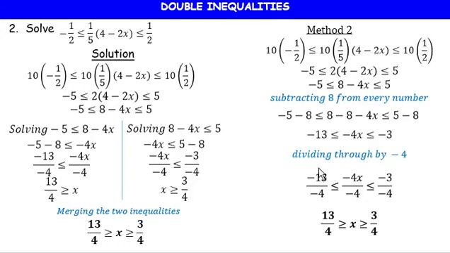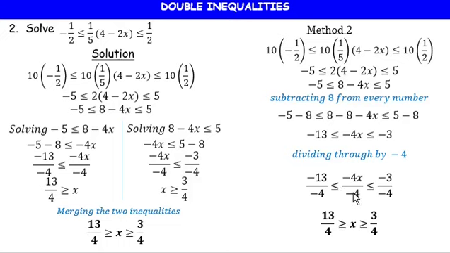So the next thing is to divide through by negative 4, so that it will be left with only the x. So we are going to divide negative 13 by negative 4, divide negative 4x by negative 4, and divide negative 3 by negative 4 as well. Now the rule still applies here. Once you are dividing through by a negative coefficient, the inequality sign must change.